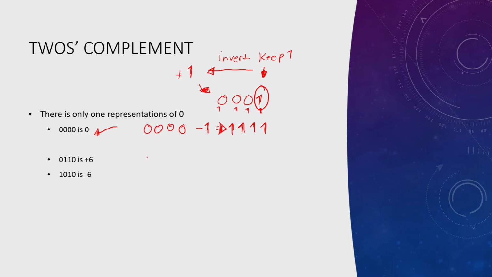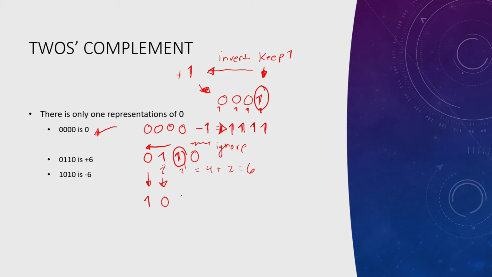And now for plus 6, we have 0, 1, 1, 0. The reason being, 2 to the 2 and 2 to the 1 is 4 plus 2 equals 6. So we find the least significant 1, which is this one, and we invert the rest to the left. Ignore this. So we have 1, because you're inverting. 0, you're inverting.